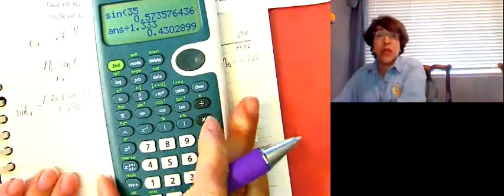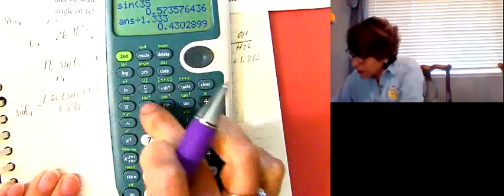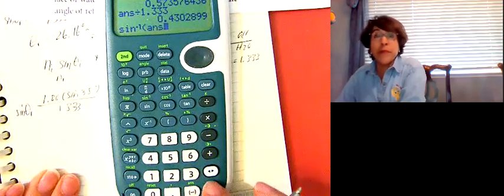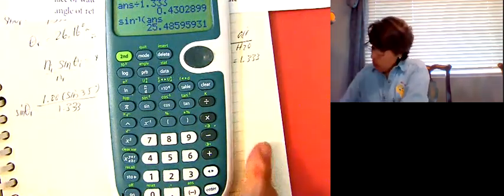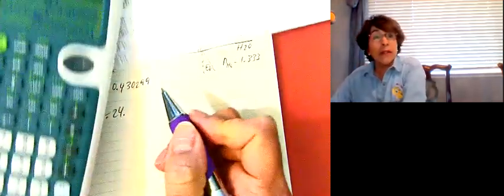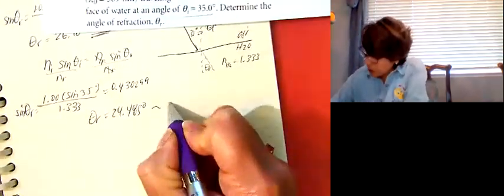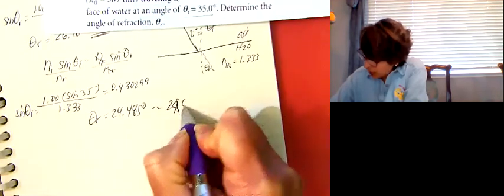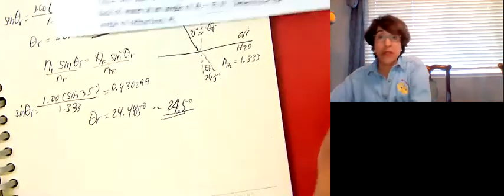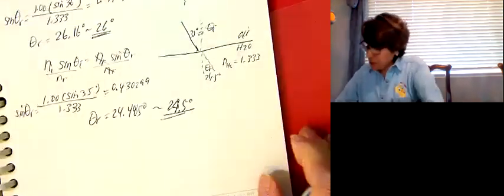Okay, so I want to do the arc sine of that. What's the arc sine of that? And I get 24.485 degrees for theta r. So I'm just going to round that off to about 24.5 degrees. So I know that this is 24.5 degrees. So that's how much it got refracted.